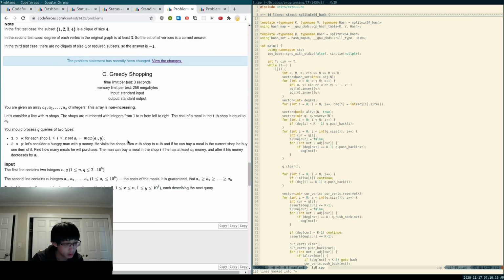It looks like C was not hard. Shops are numbered 1 through n. Set max. He visits.